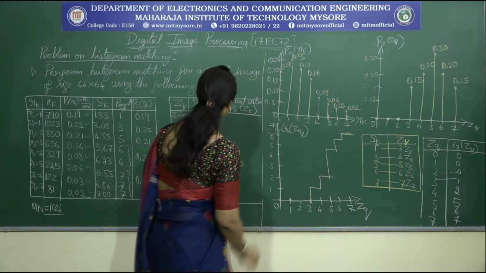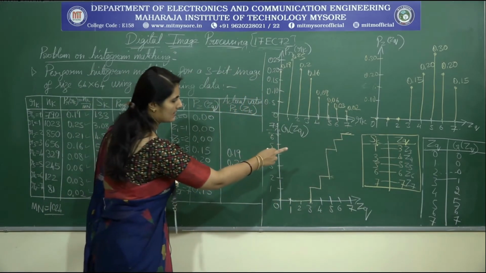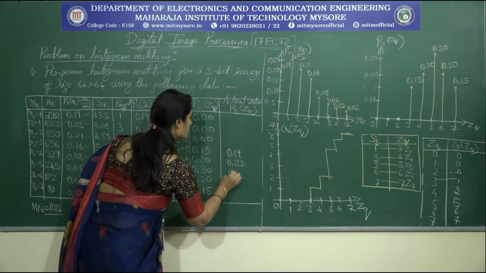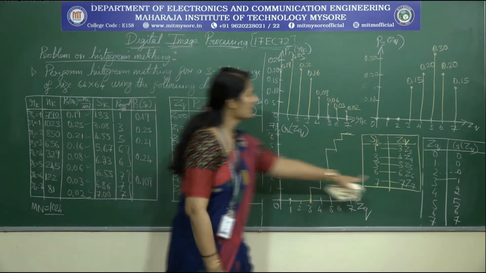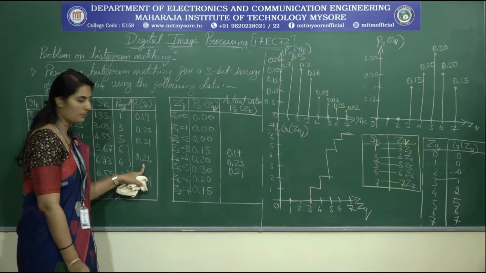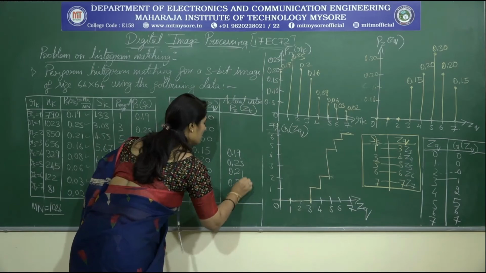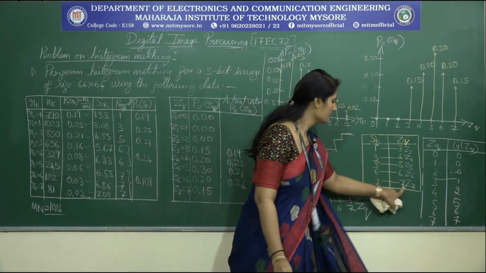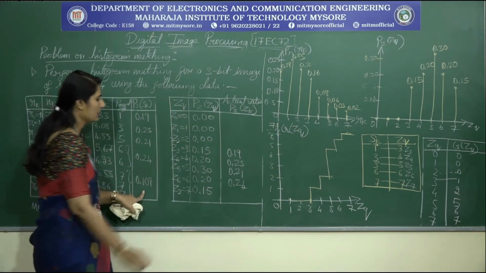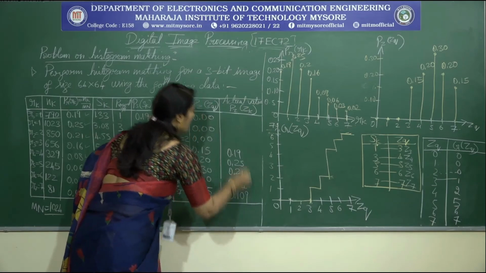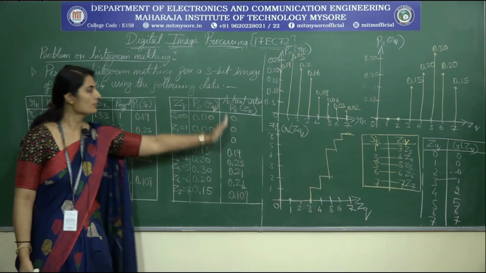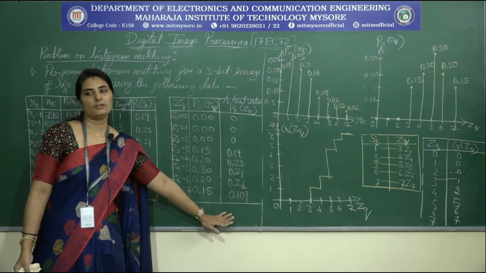So for z5, sk is 5, and the corresponding probability density function is 0.21. And for z6, sk is 6, so for 6 the corresponding probability density function is 0.24. And for z7, the corresponding sk is 7, and the probability density function is 0.109. So the remaining probability density functions are 0. So this is how you can find out the actual pz of zk.